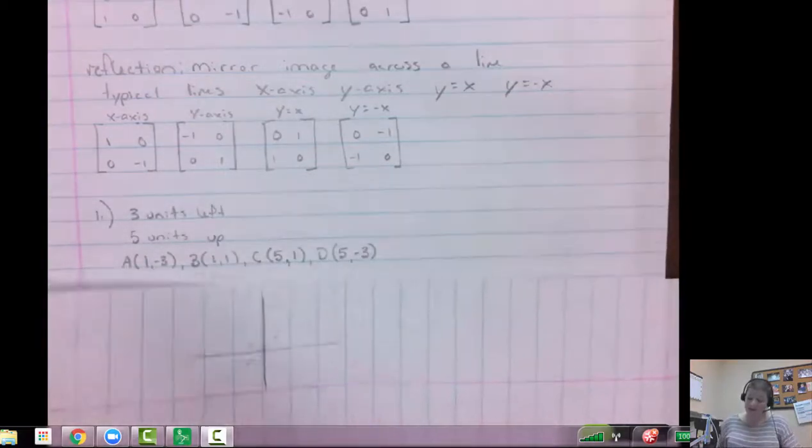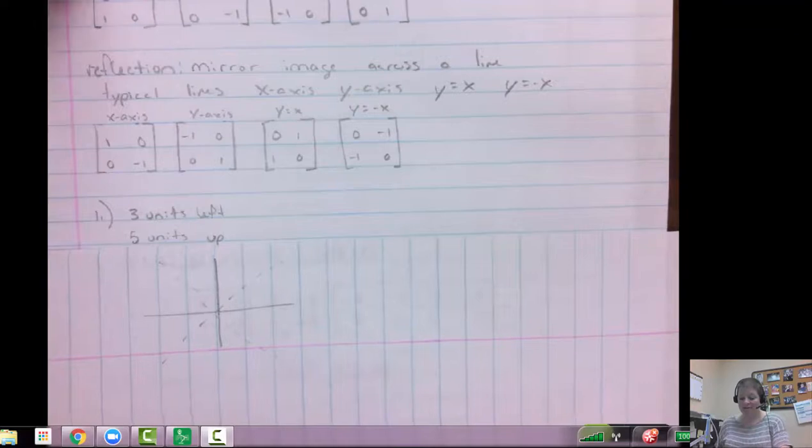So let's do some examples of each of these transformations. Let me show you how this works. The first example would be just a translation.